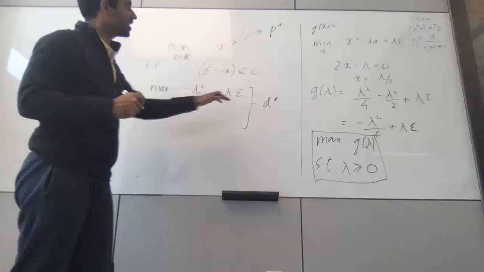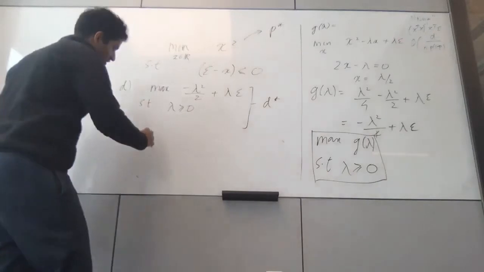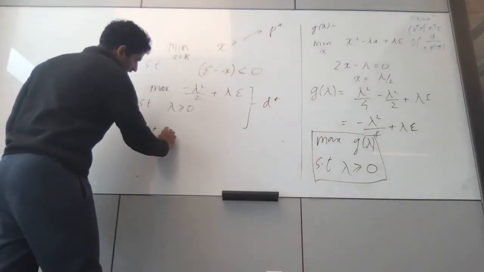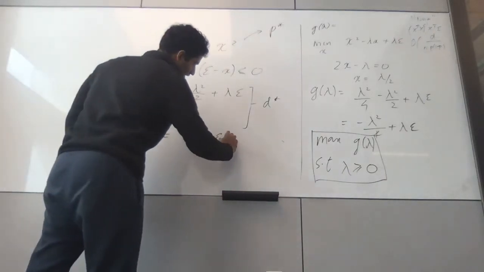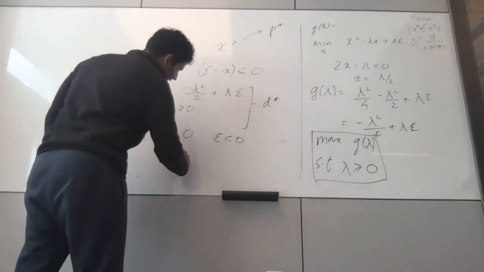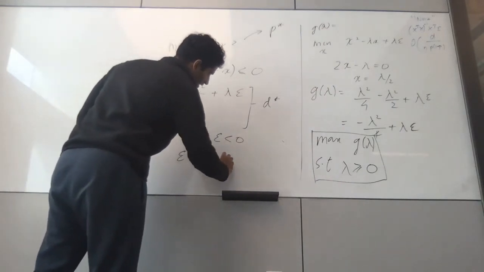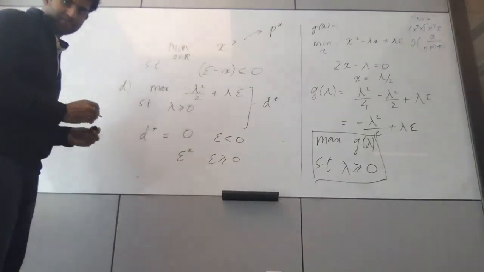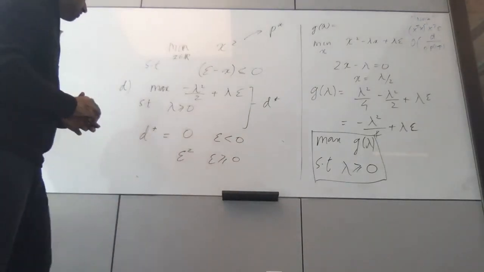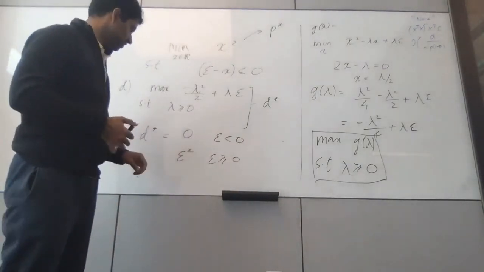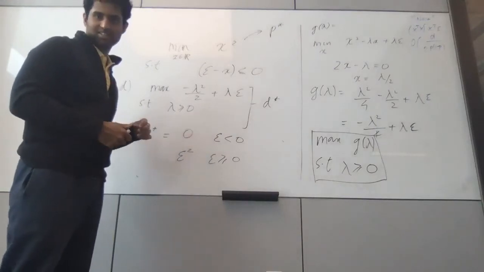If D star was actually equal to P star, you'd want to show that D star is equal to 0 when epsilon is less than 0, and otherwise it's equal to epsilon squared when epsilon is greater than or equal to 0. So if you want to show this, it has to depend on epsilon. I just took the derivative and found that lambda equals 0, so it doesn't depend on epsilon.